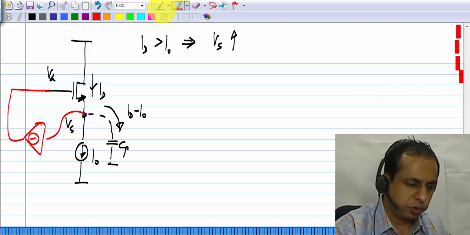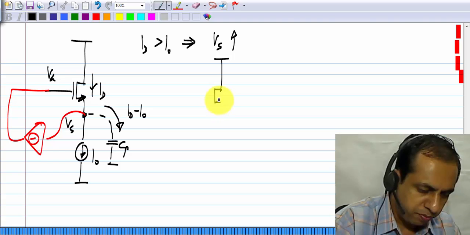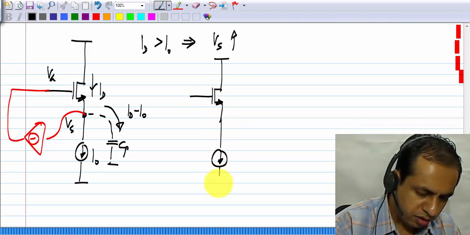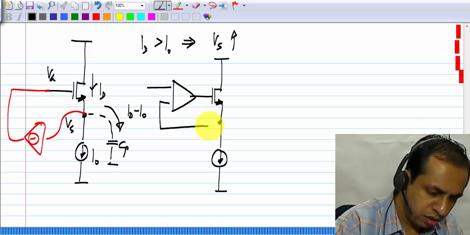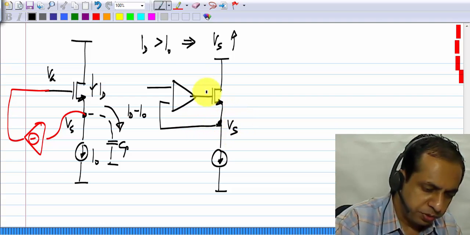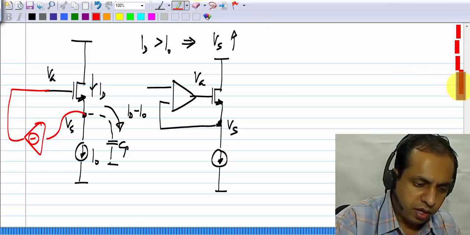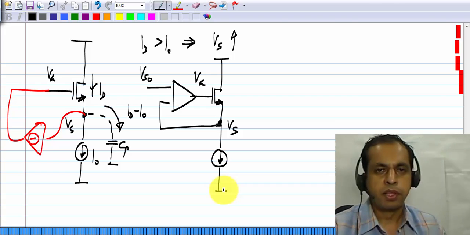I'll quickly show you one possibility, again using an ideal op amp. I had to sense Vs and feed it back to the gate, and I do it through an op amp, and the other terminal of the op amp I call Vs0.